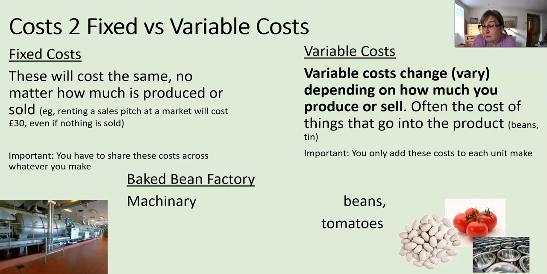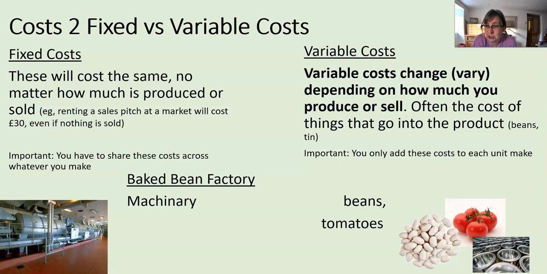On the other hand, variable costs are what we mean when we have costs that change depending on how much of something you make or produce. So an example I often use is a baked bean factory. Machinery is a fixed cost.